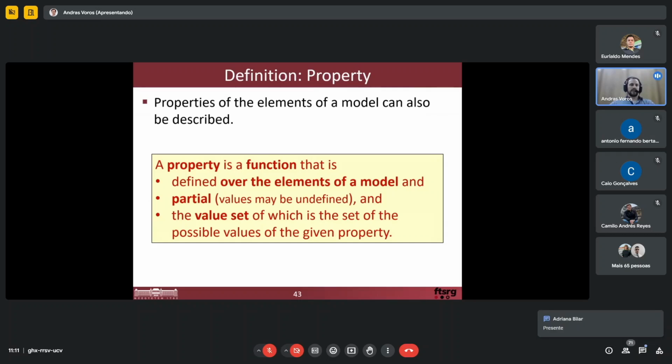The property is a quite general thing. The property is a function that is defined over the elements of a model, and it is partial. So it can happen that values may be undefined, and it has a value set, which is the set of the possible values of the given property.